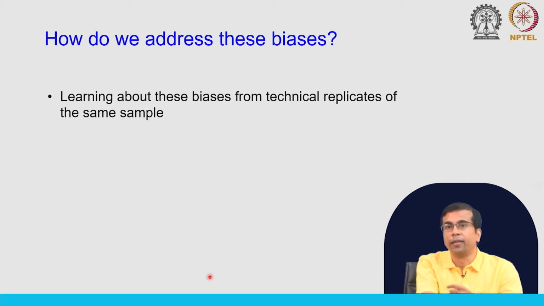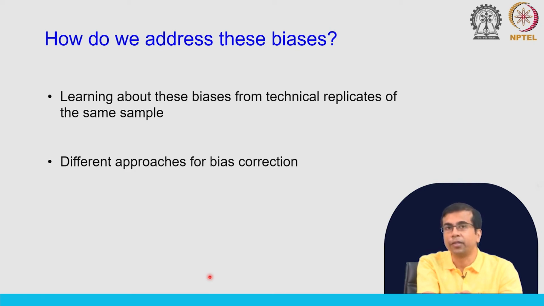If you see variation in read data across these technical replicates, you can say, these are the different types of biases that we see, and we can model these kinds of biases. And we can take different approaches for bias correction. Many methods have been proposed, and we can discuss some of these methods in the next few slides.